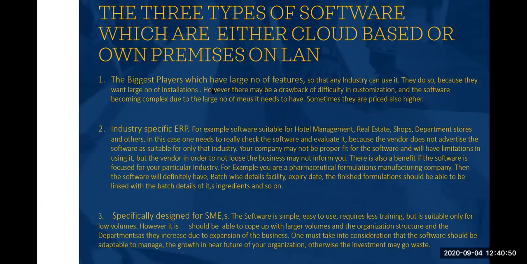Now the biggest players have software which can be used practically by everybody because they have a lot of features. So there is something for everybody, and I have also explained the logic of why.